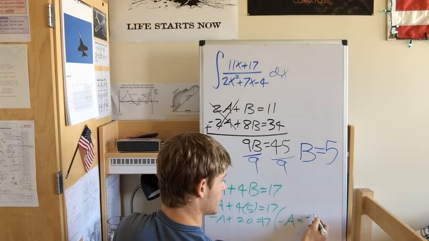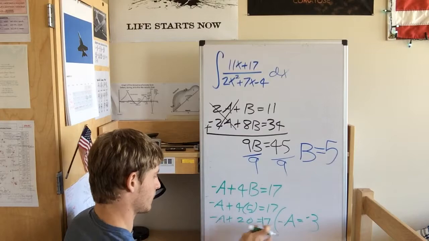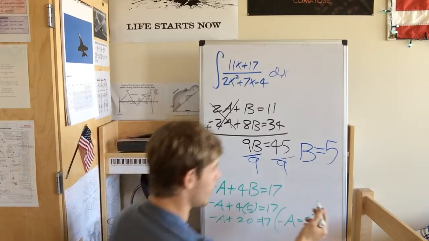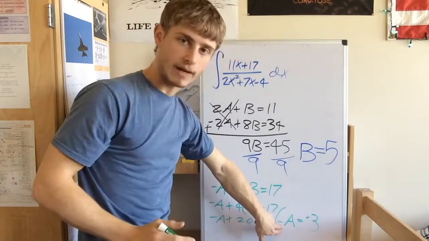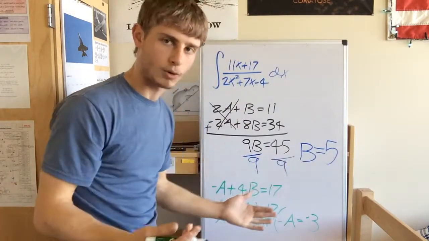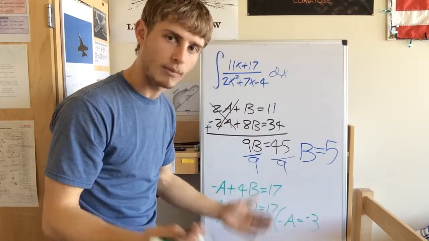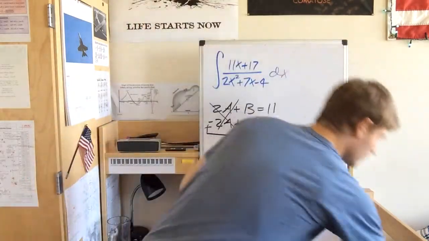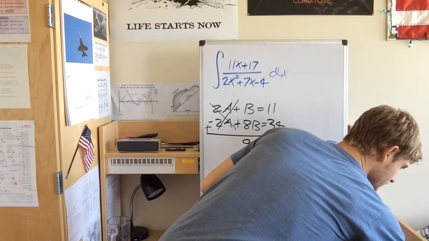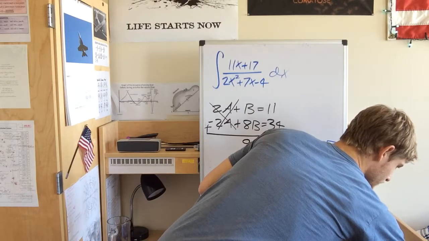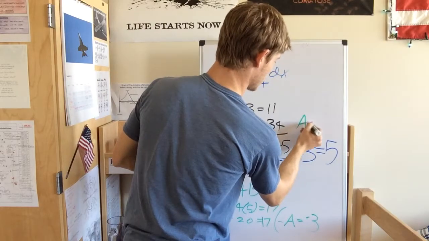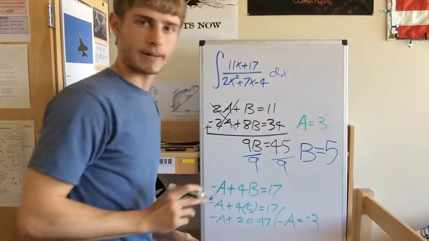So we have negative a equals negative 3. We're just going to multiply both sides by negative 1, and that's going to give us a equals 3. Okay, so we have a equals 3.